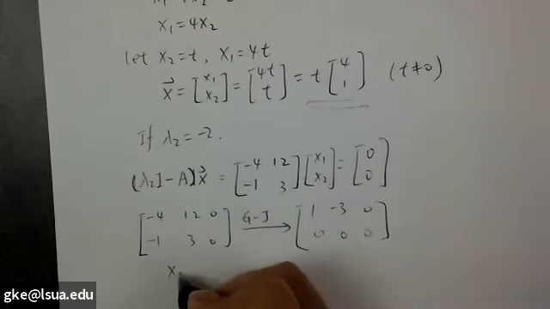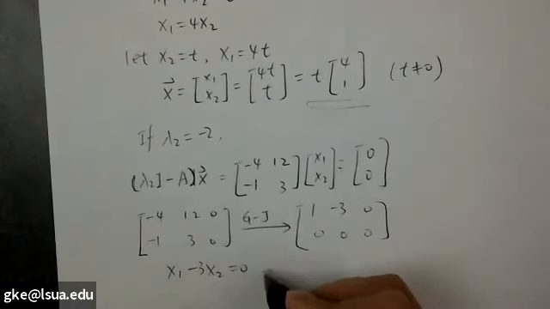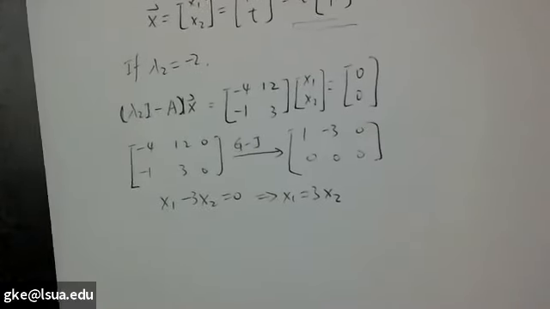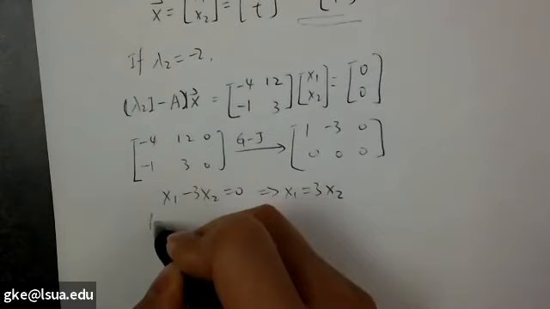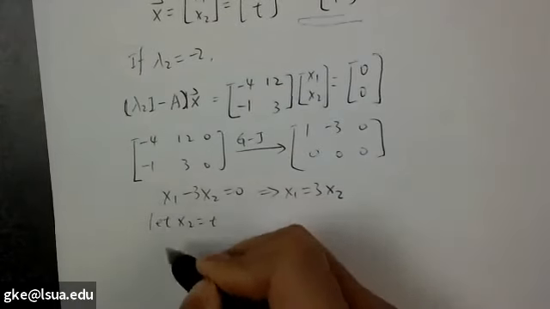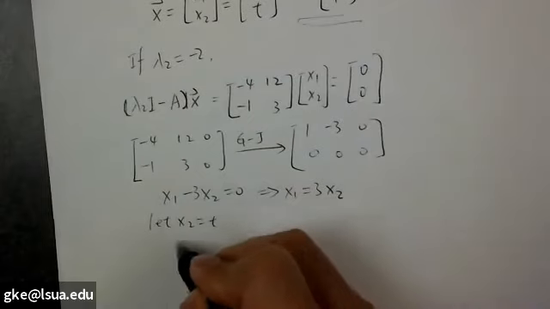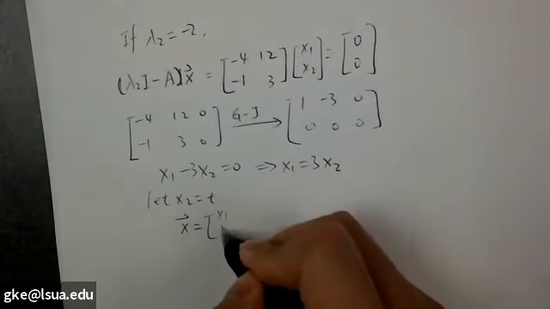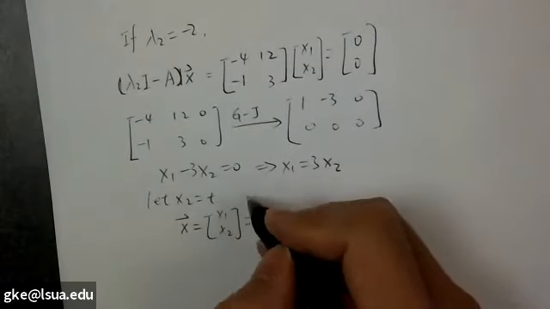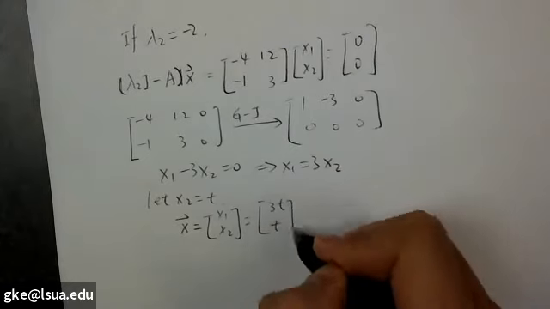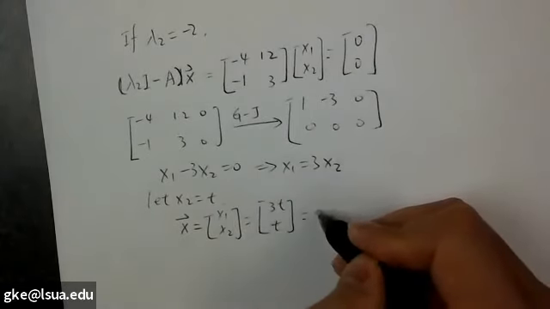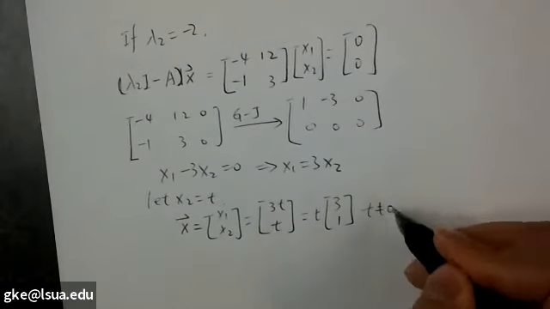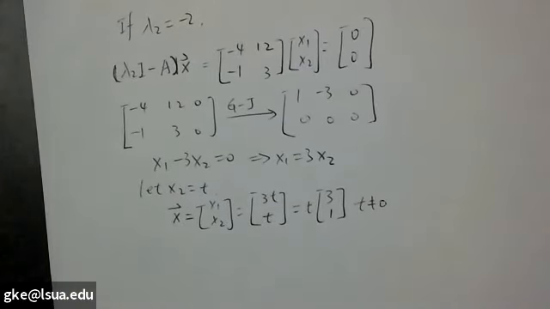So x1 equals 3x2, right? We let x2 equals t. That means the vector x equals t times (3, 1), and t doesn't equal 0. Okay, t doesn't equal 0.